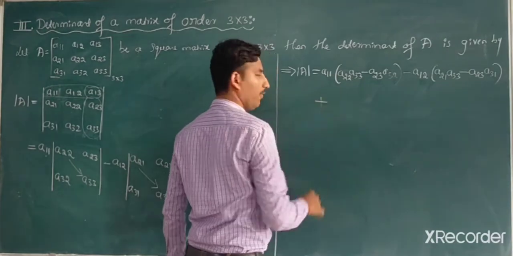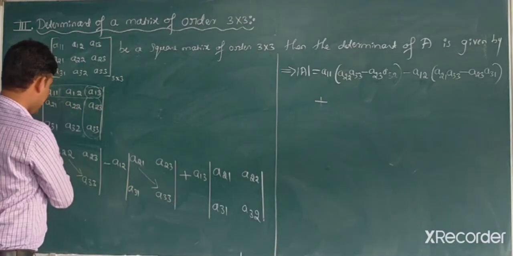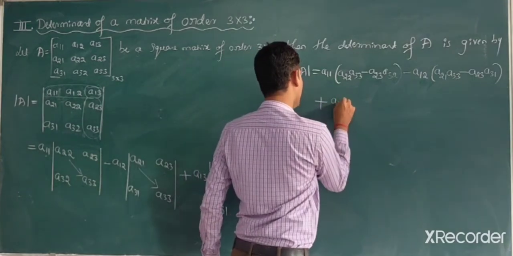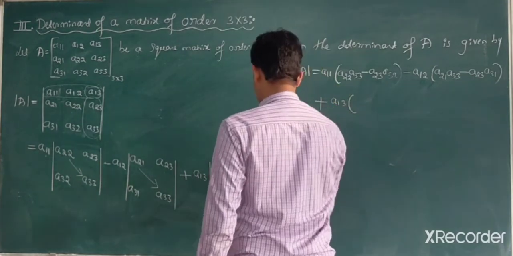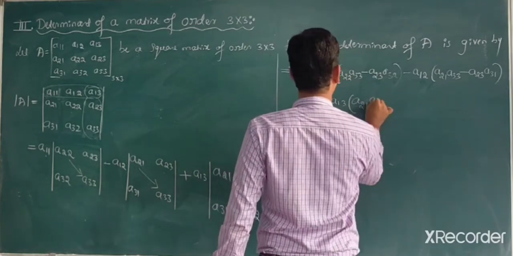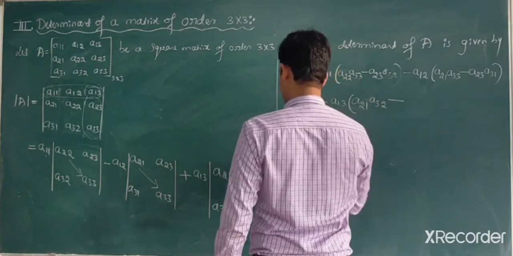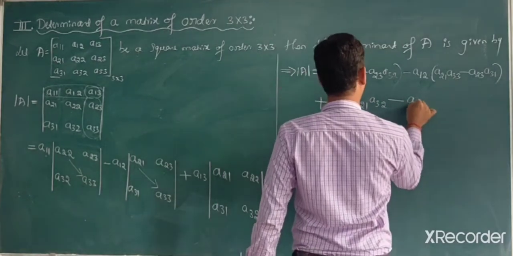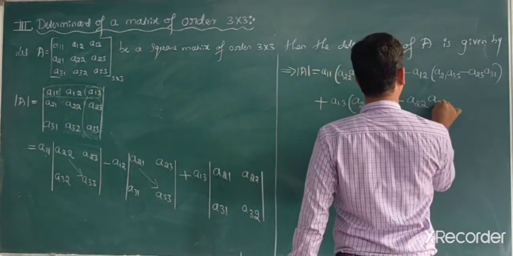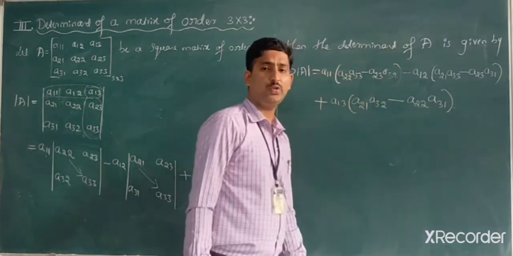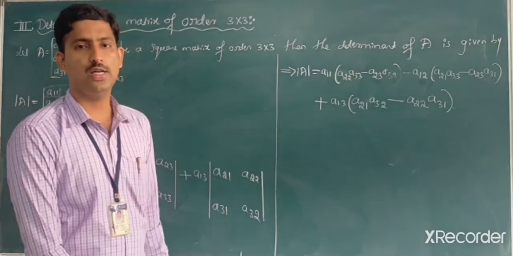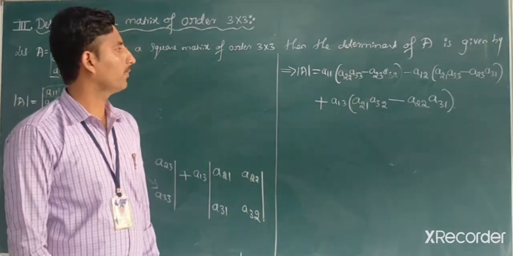Plus, why? Because the signs are plus, minus, plus: A13 as it is, times A21 A32 minus A22 A31.